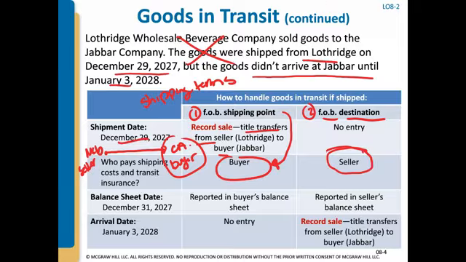In my example, the seller in Nebraska will own that inventory and be responsible for it until it gets to California. Once it gets to California, then it will be transferred to my balance sheet. So on December 31st, it's going to be reported on the seller's balance sheet. And then on January 3rd, when I receive it, it's going to transfer from their balance sheet, and I'm going to record it on my balance sheet.